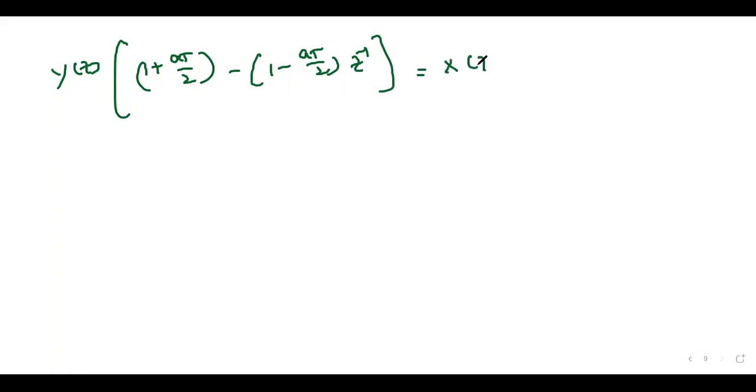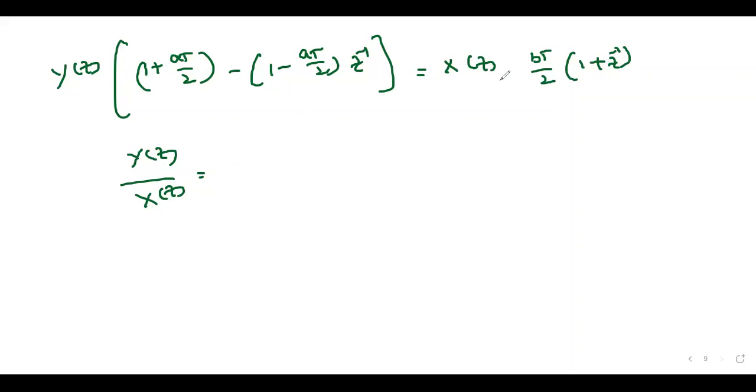If we take x of z common, we have bT by 2 into 1 plus z inverse. Correct. Now what I want is y of z by x of z. This is the h of z. That's why I'm taking this.